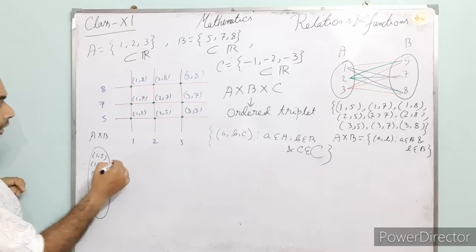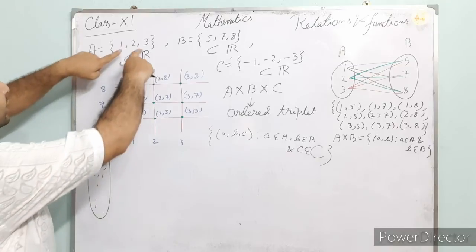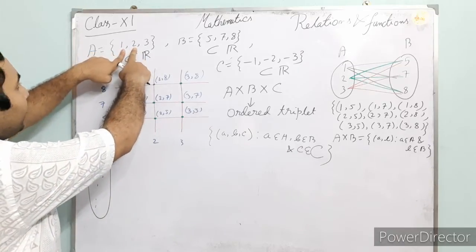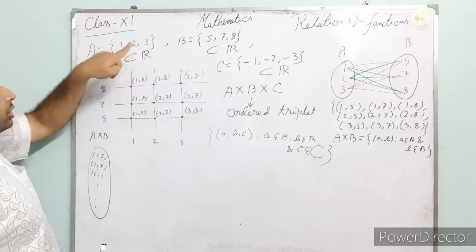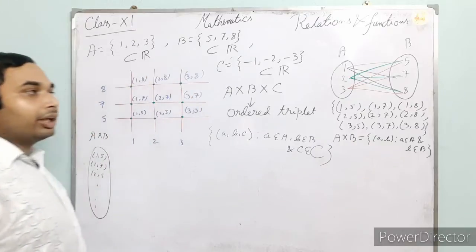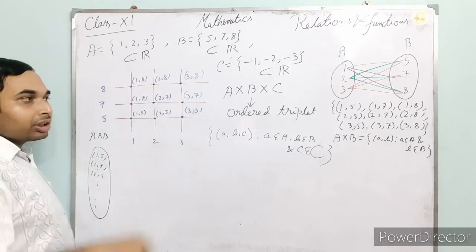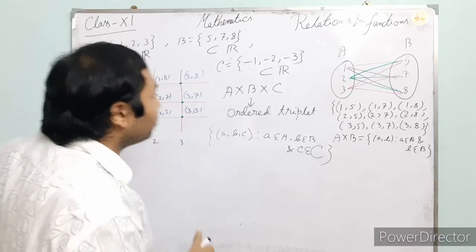Lots of elements are there, 9 elements. Actually, one rule, that is 3. This set A consists of 3 elements, and also set B. So 3 cross 3 is coming 9. You can see 9 elements are there. So 3 cross 3 cross 3, that is, in the ordered triplet 27 elements will be there.